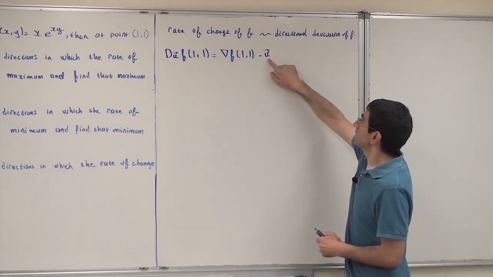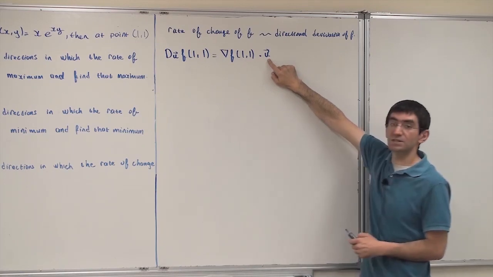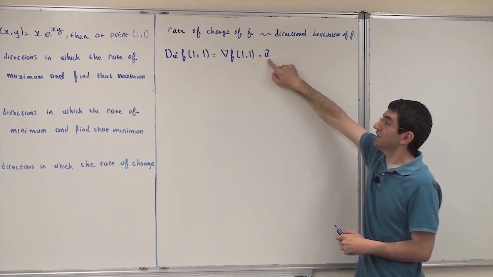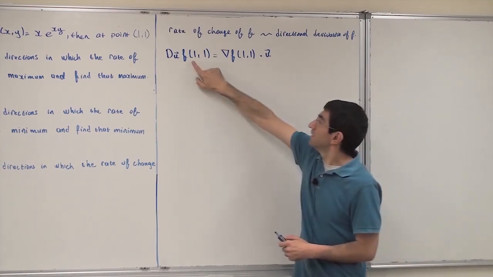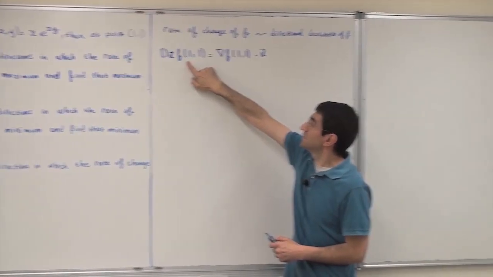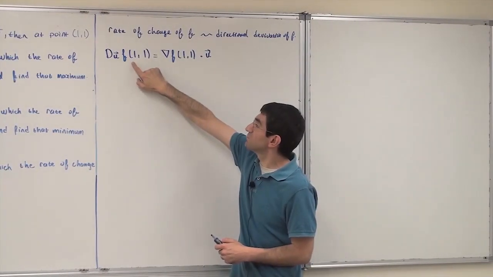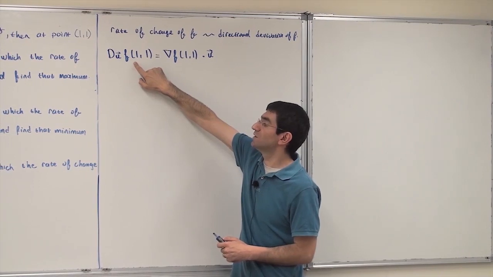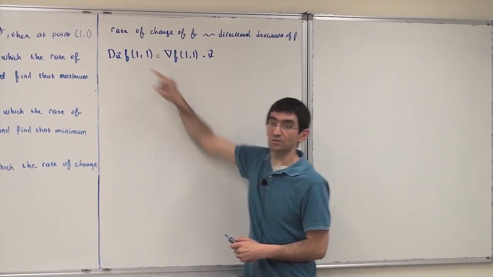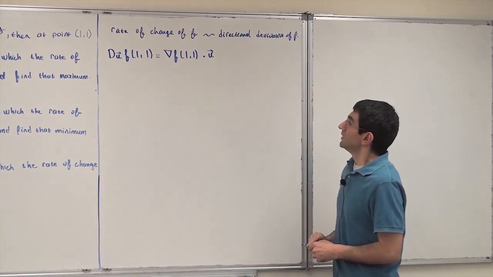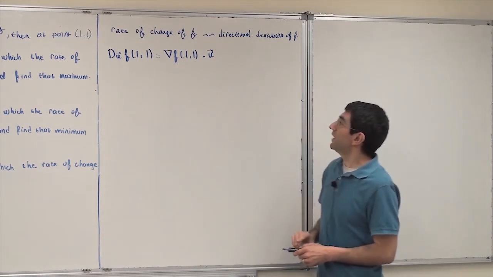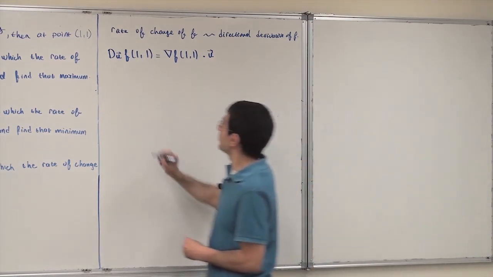Now, the question wants us to find this unit vector so that this directional derivative gets its maximum value, its minimum value, and becomes equal to 0. So let's start with finding the gradient vector at the point 1, 1.